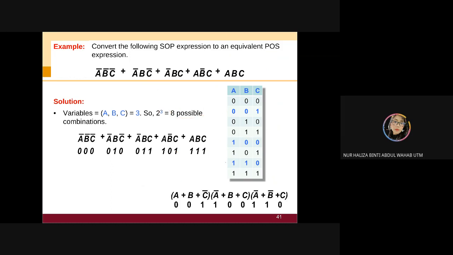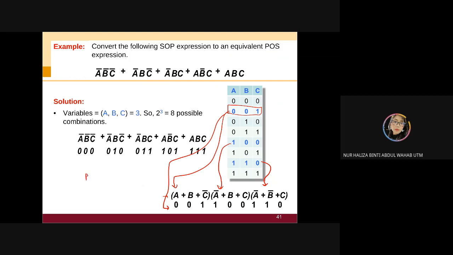So, what is the value? You're going to get this, and this. And how you get A plus B plus C bar? Because this is the value that you get from your truth table.